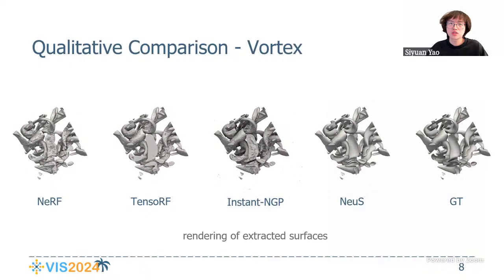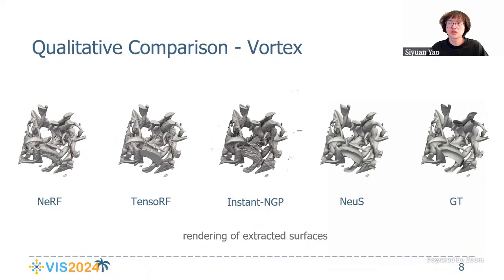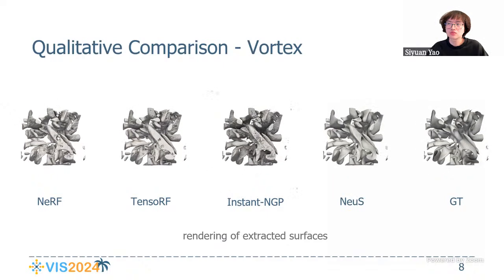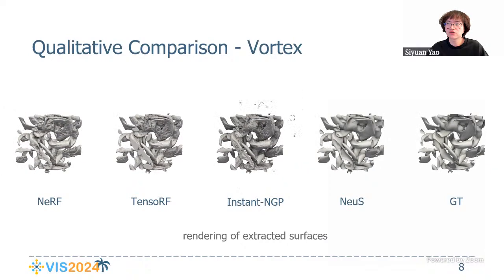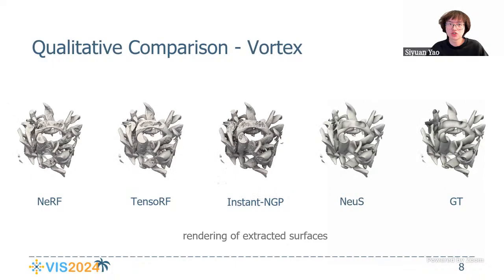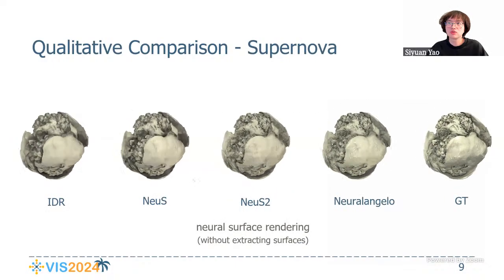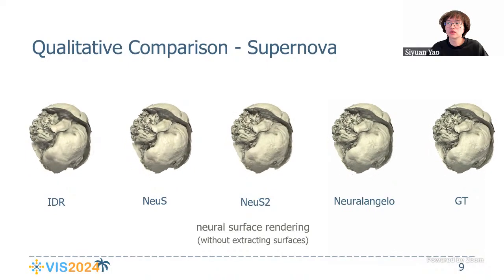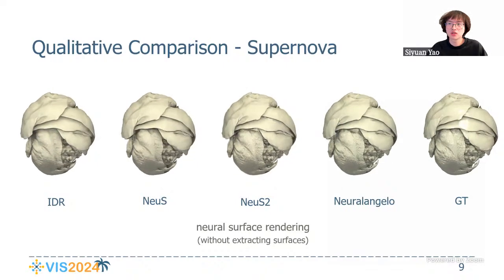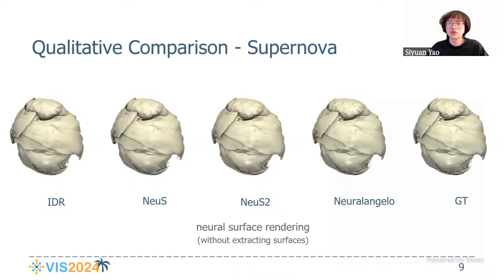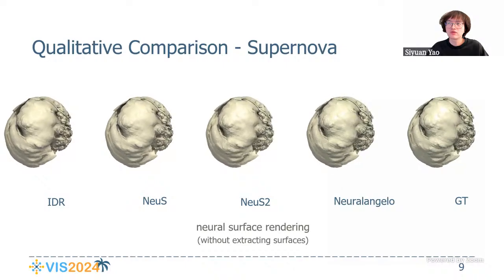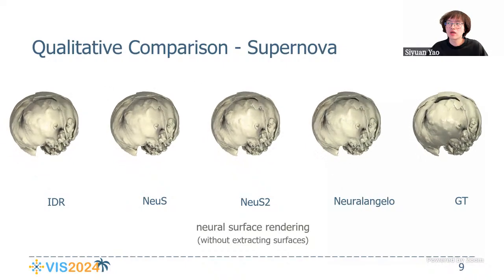In contrast, NeuS2, from Group 2, performed significantly better because it reconstructs smooth and accurate surfaces due to the continuous SDF representation. We also conducted a neural rendering comparison, rendering the surface directly from the models without extracting the polygons. In this comparison, NeuS2 and Neuralangelo have very good quality with fine details, while the others have blurry renderings.